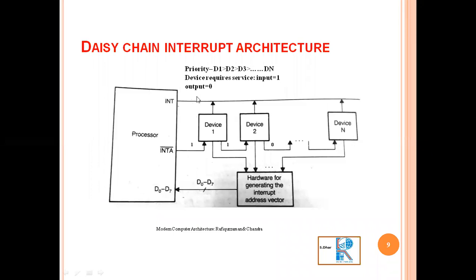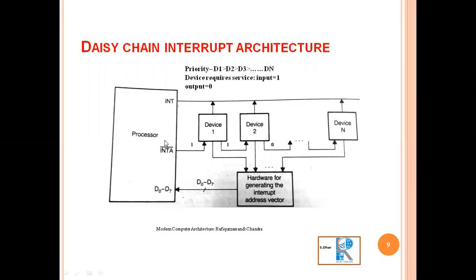So this comes to the OR gate. That means this interrupt will be high, because device 1 or device 2 is connected with the OR gate, so if one or more devices make it high, it will be high. So the processor will know that an interrupt has come. Now the processor has to know the address of the device which has generated the interrupt signal.